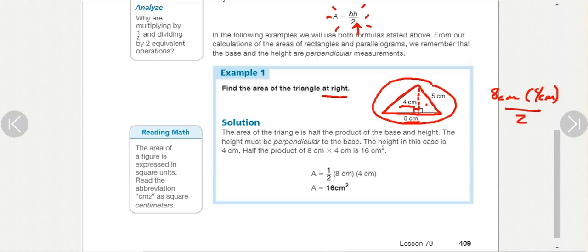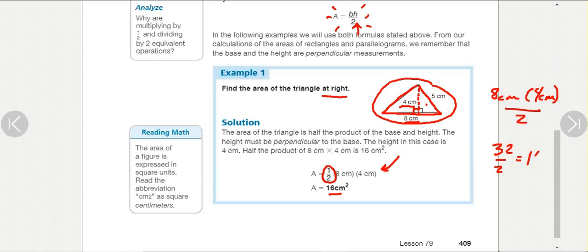You could also show that like this, because multiplying by a half is the same as dividing a whole quantity by 2. So you can multiply 1/2 times 8 times 4, and you'll get the same thing as if you do 32 divided by 2.